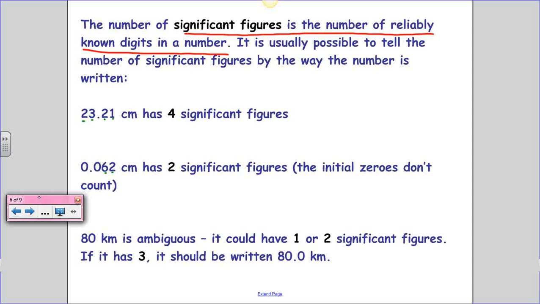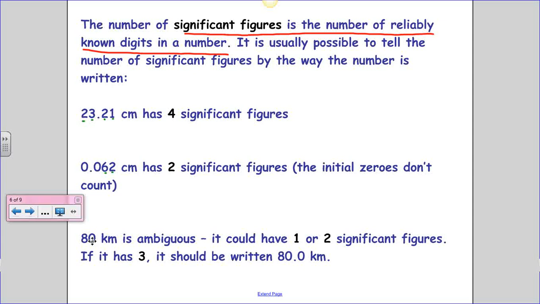Finally, 80 could have 1 or 2 significant figures. And that's because 80 might mean we can only reliably measure to the nearest tens of a kilometer. So it could actually be 85, but we can only measure to the nearest tens of a kilometer, so we have to estimate to 80. Or it could mean that we can measure to the ones place, and it is exactly 80 kilometers.